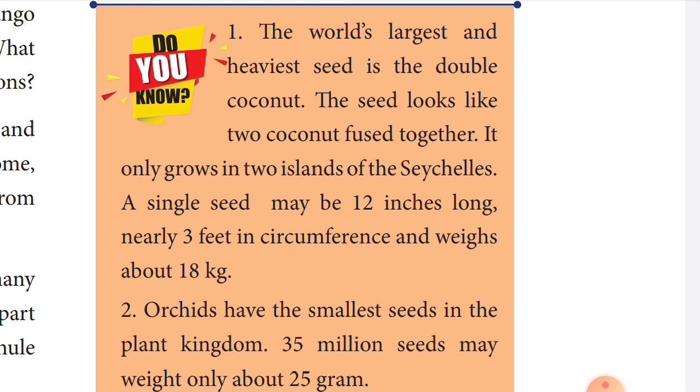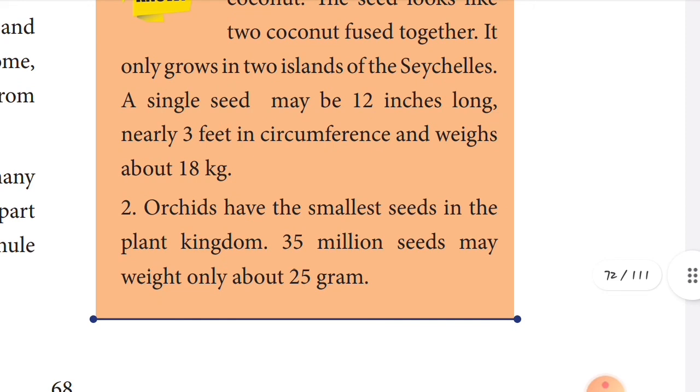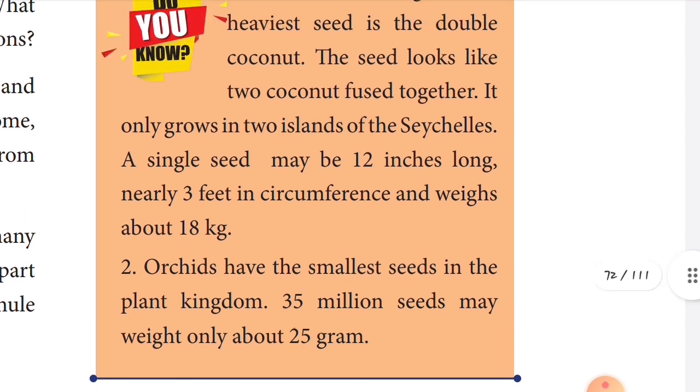This is the biggest seed, children. And orchids have the smallest seeds in the plant kingdom. 35 million seeds may weigh only about 25 grams. This is clear, children. Sexual reproduction is over.